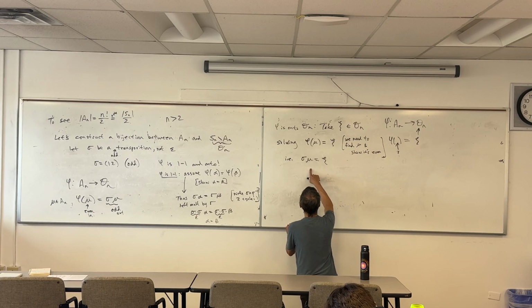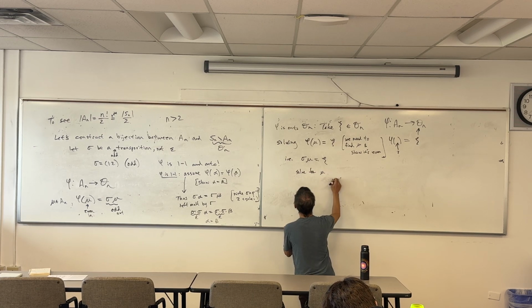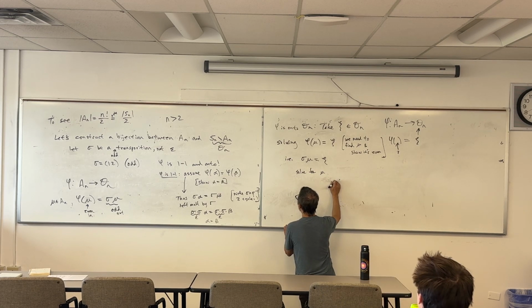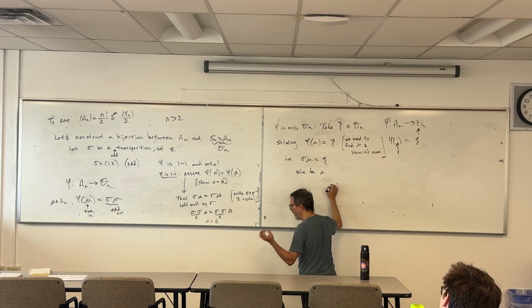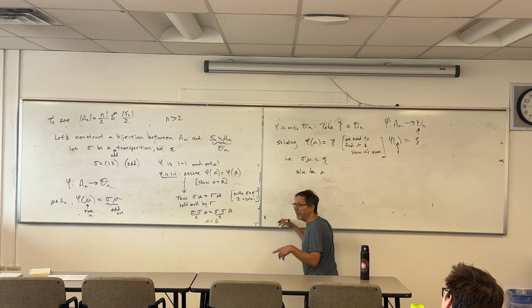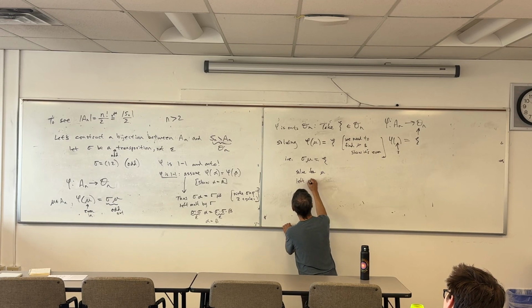How do I solve this for mu? C divided by sigma. Yeah, but we don't divide, right? But you're right, that's the idea. Left multiply by sigma inverse.